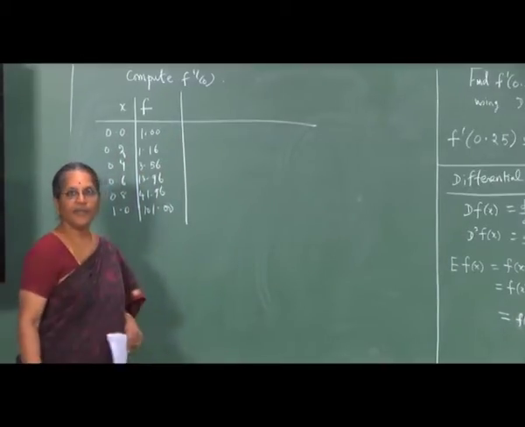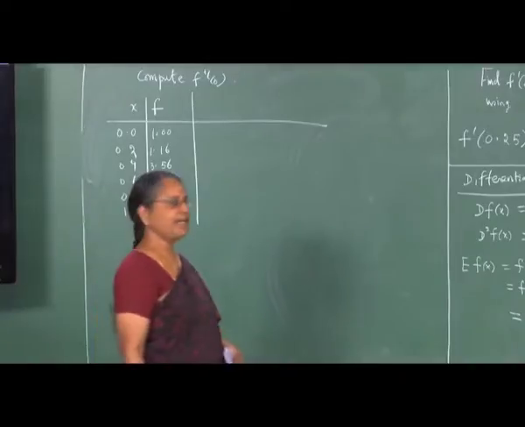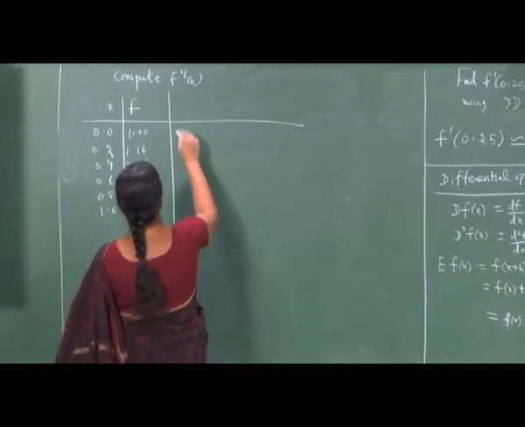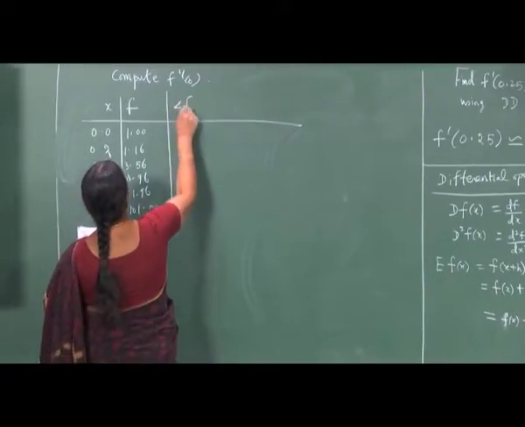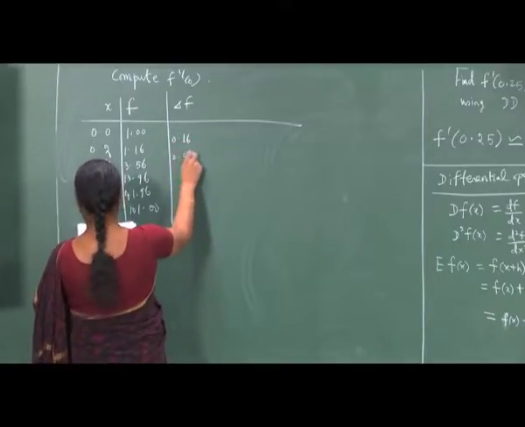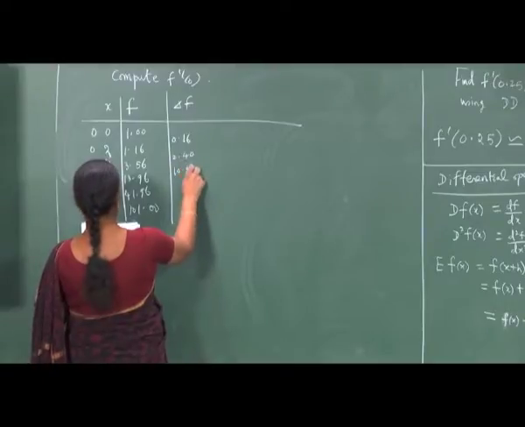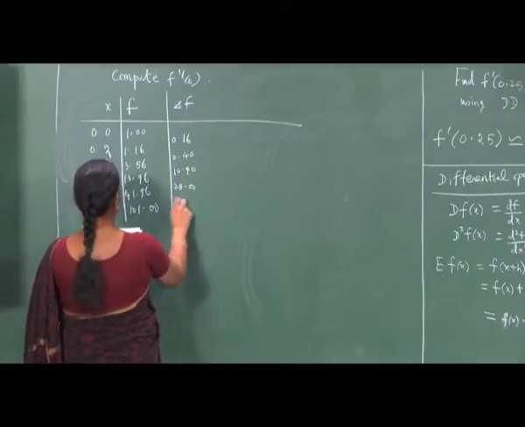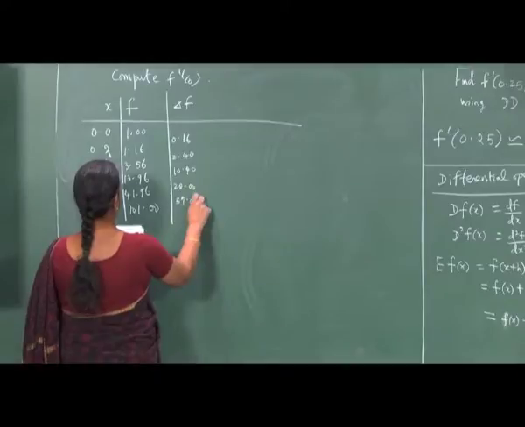So, I shall form the forward difference table and use that information. The first order forward differences will give me 0.16, 2.4, 10.4, 28, 59.04.